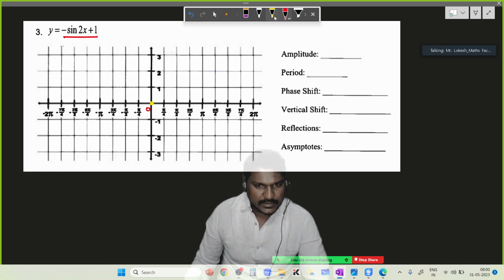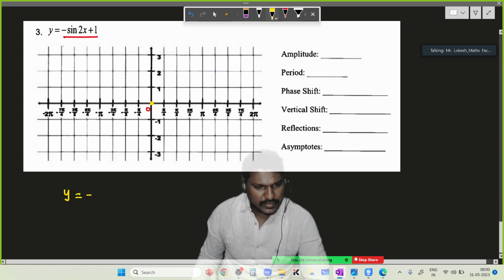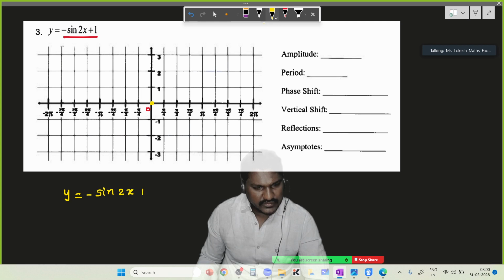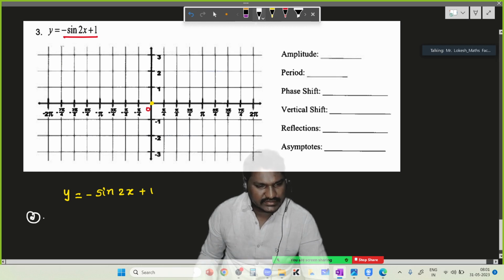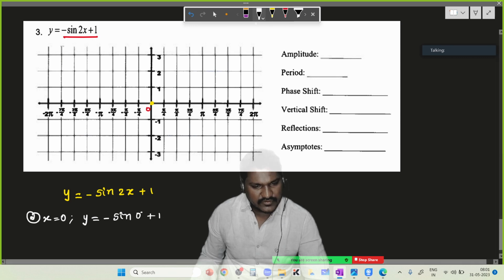Directly we'll start with substitution of values. So the function is y is equal to minus sine 2x plus 1. So substitute the value of x as 0. So it will become y is equal to minus sine 0 plus 1.